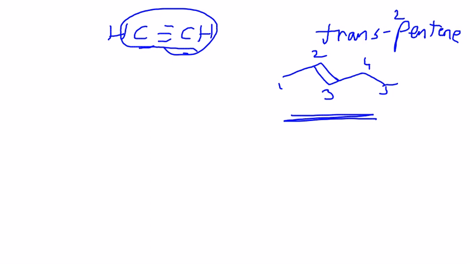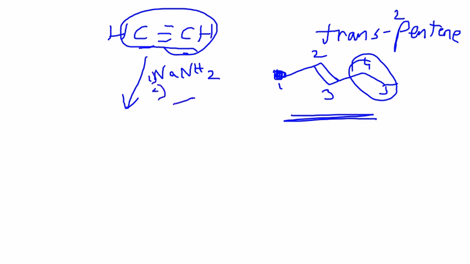Notice that the double bond has a substitution here and it has a substitution here. That means if I treat it with sodium amide, which is NaNH2, and treat it with 2 carbons first, essentially it's going to first remove the proton, get the acetylide, and then that acetylide is going to attack the carbocation.